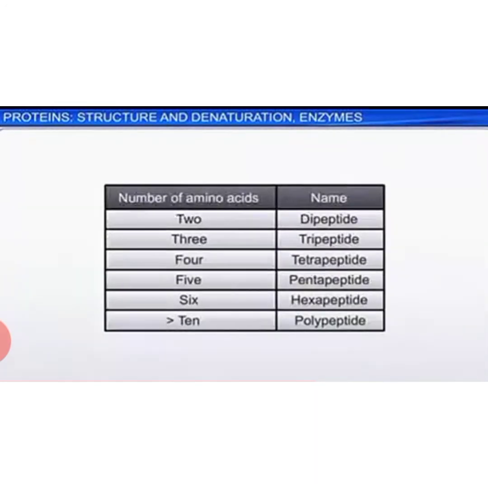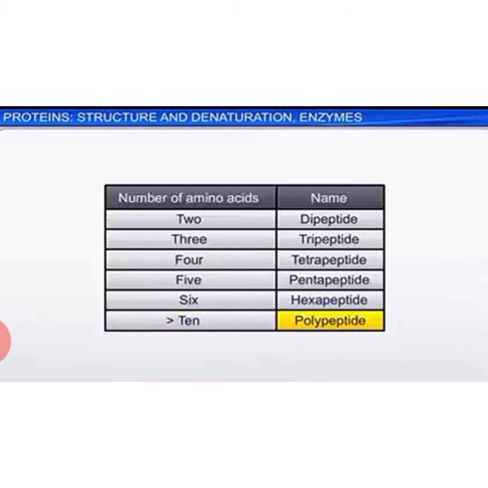Similarly, when 4, 5, or 6 amino acids are linked, the products obtained are called tetrapeptide, pentapeptide, and hexapeptide respectively. When more than 10 amino acids are linked, the product obtained is called a polypeptide.